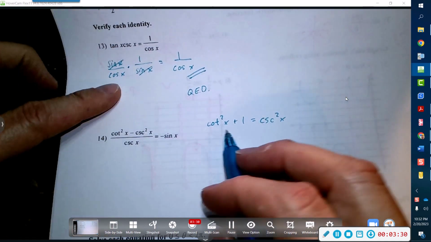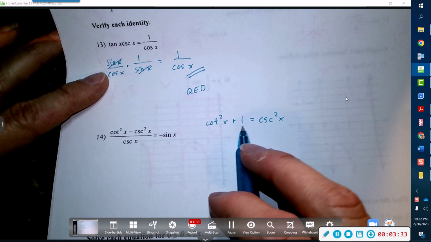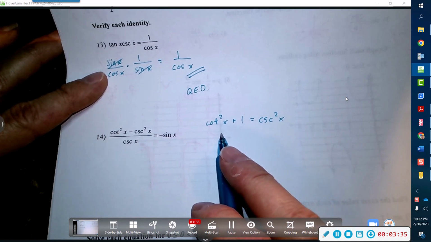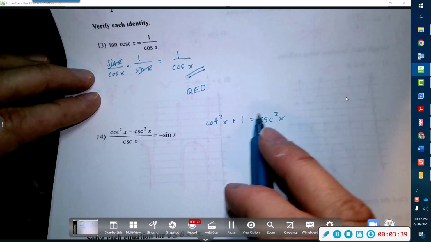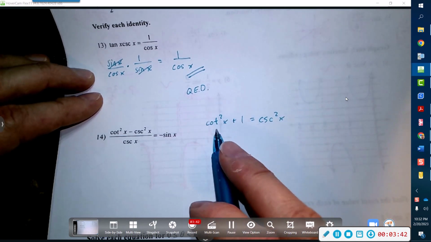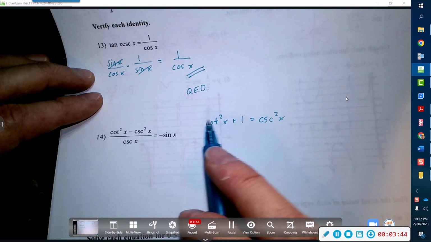Now this is not actually part of my proof. What I'm doing here is making sure that if I move this guy over, he's the one that's going to be negative. Okay, no. So what if I switch the order here?